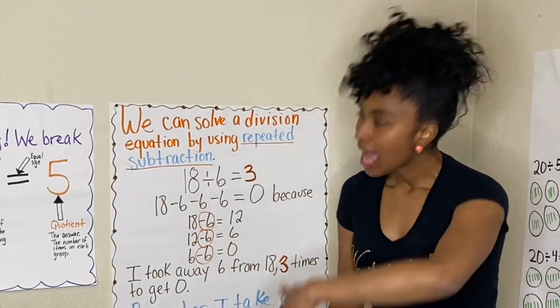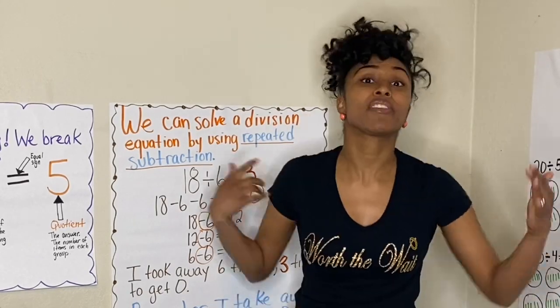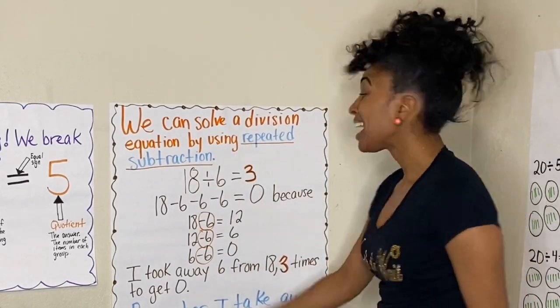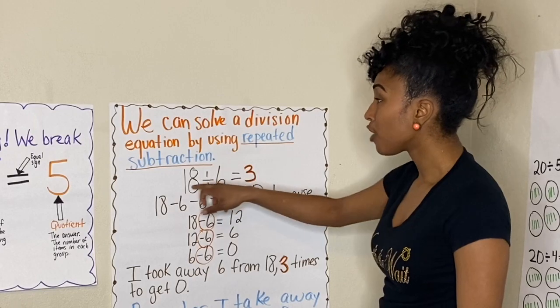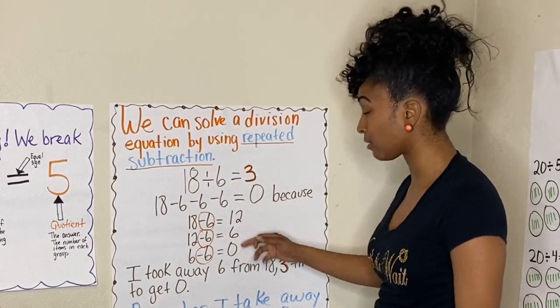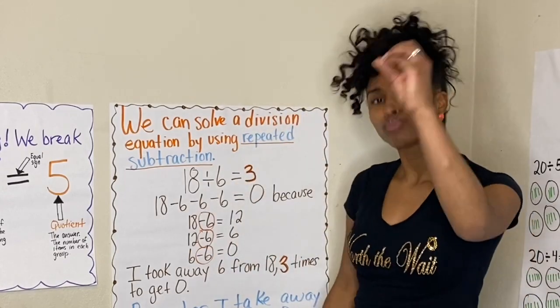Woo! I said a lot. But it's really easy if you just think about the strategy that I just taught you. All I do is subtract my divisor from my dividend. I keep on subtracting until I get 0. Say subtract until I get 0.